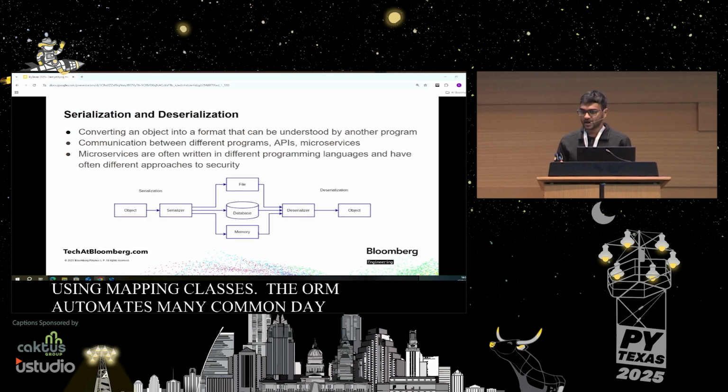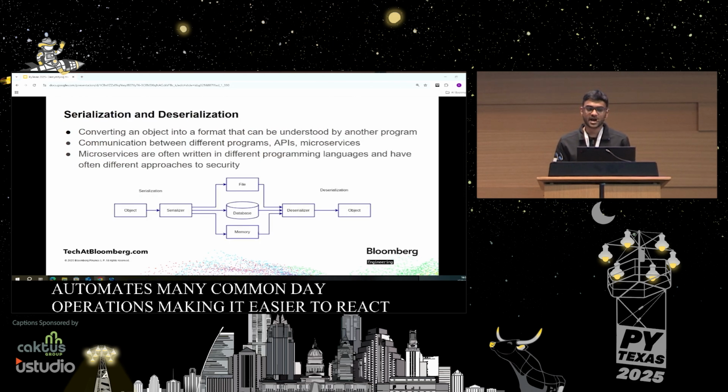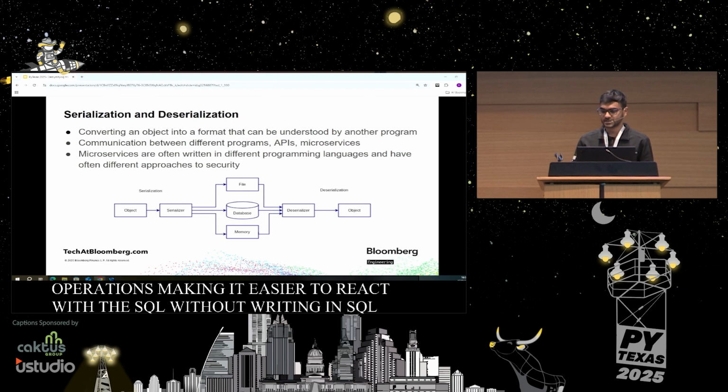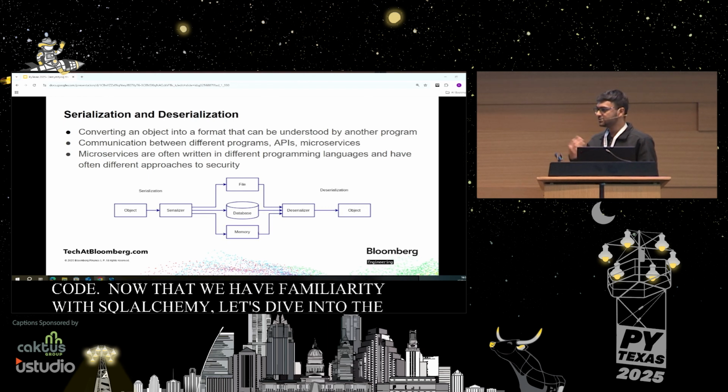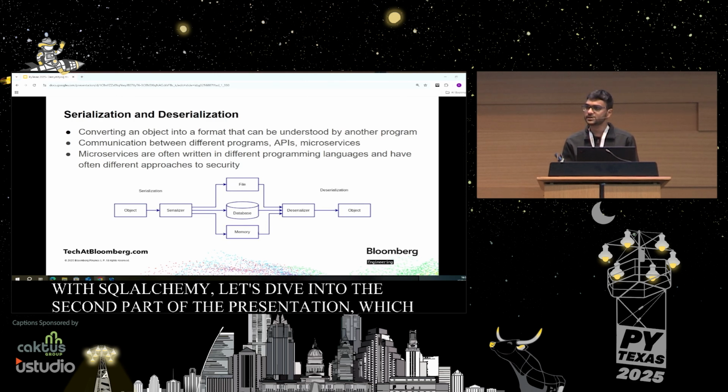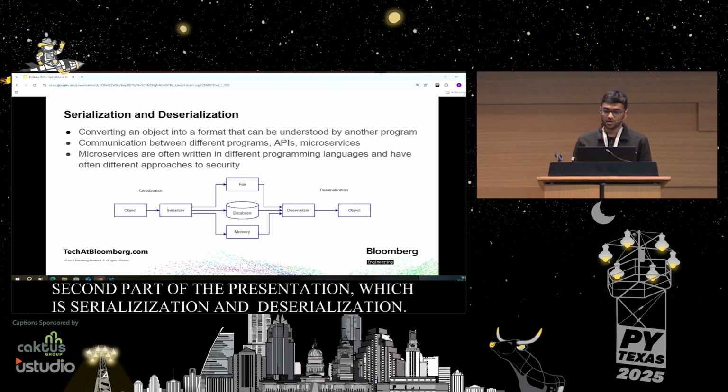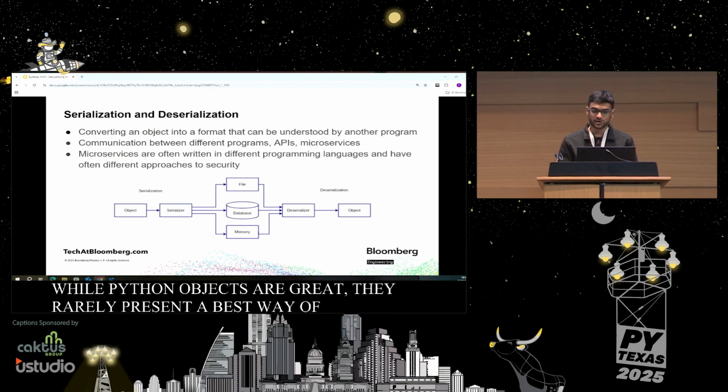Now that we have familiarity with SQLAlchemy, let's dive into the second part of the presentation, which is serialization and deserialization. While Python objects are great, they rarely represent the best way of transmitting data between different machines or communicating data across separate applications. This is where serialization comes into play.